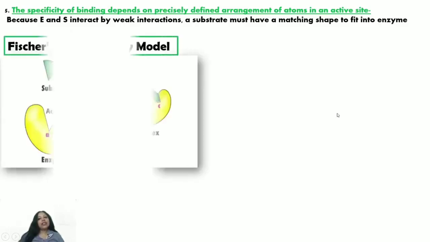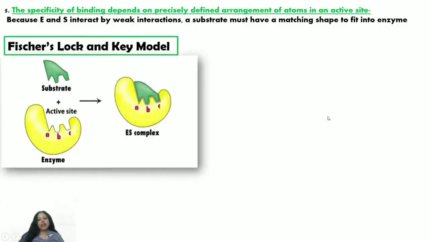In the first slide I told you there are two striking properties of the active site: first, the catalytic power, and second, specificity. So specificity is there because enzyme and substrate interact by weak interactions, and a substrate must have a matching shape to fit into the enzyme.